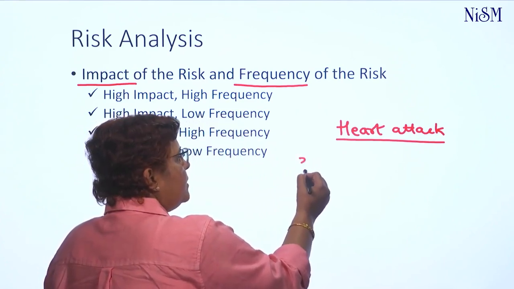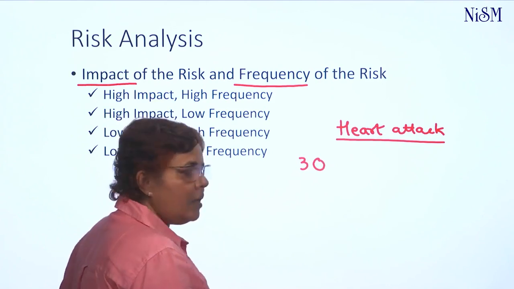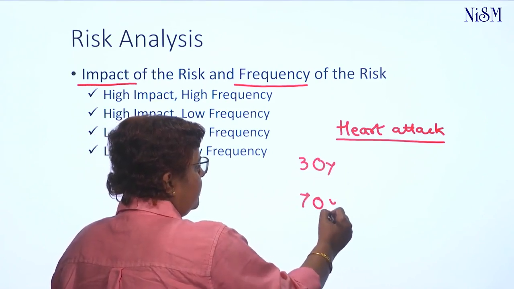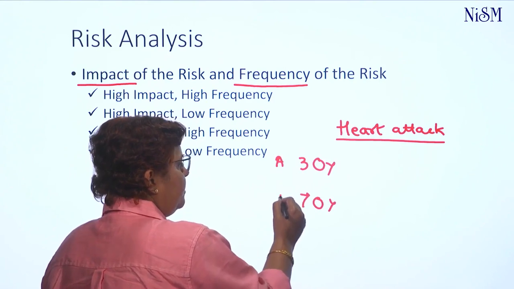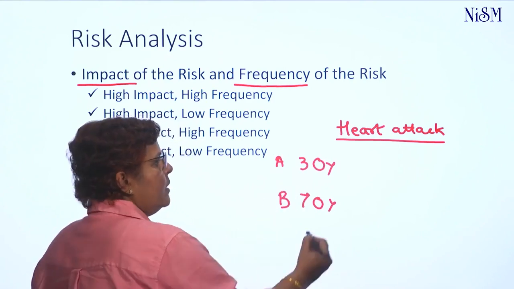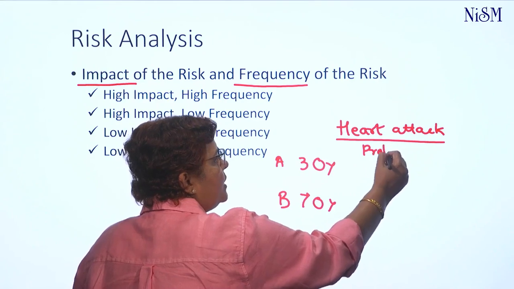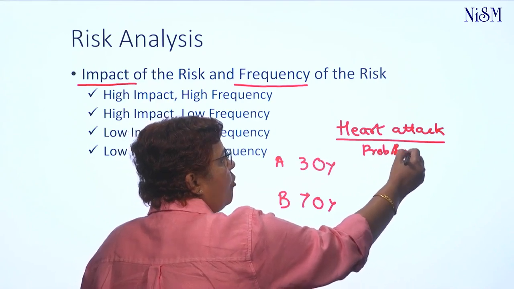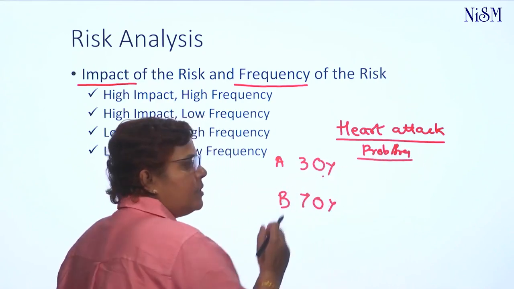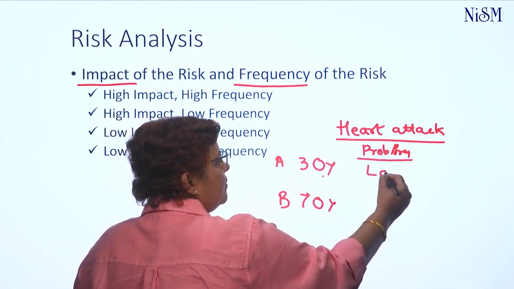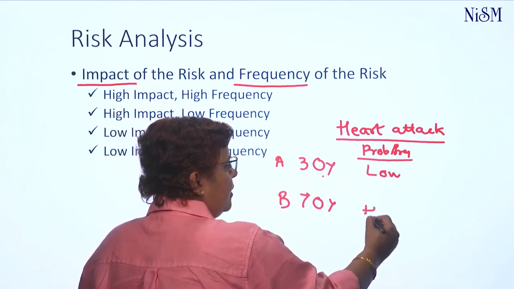Now say person A is 30 years old and person B is 70 years old. What is the chance or the probability or frequency of such a profile person getting a heart attack? Obviously, low here, high here.